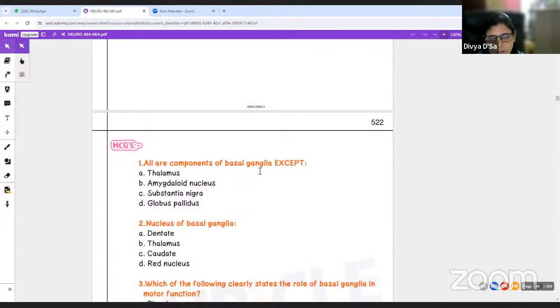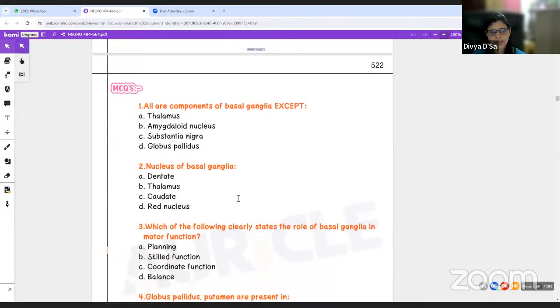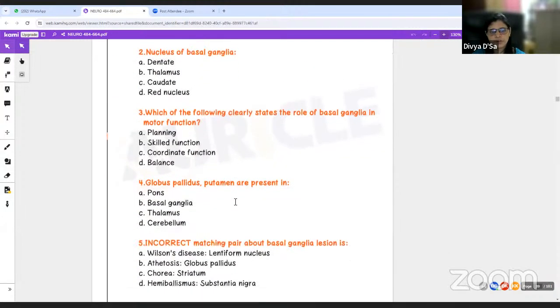All are components of the basal ganglia except: thalamus, amygdaloid nucleus, substantia nigra, globus pallidus. Here the thalamus is not included. Nuclei of the basal ganglia include the caudate nucleus. Which of the following clearly states the role of the basal ganglia in motor function?